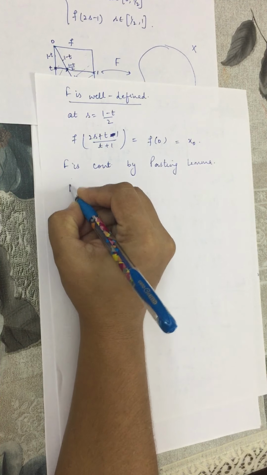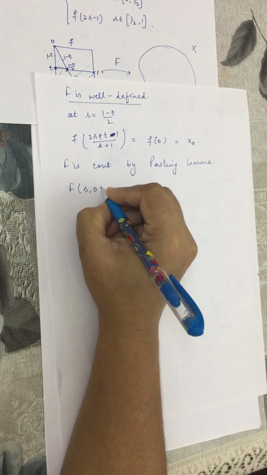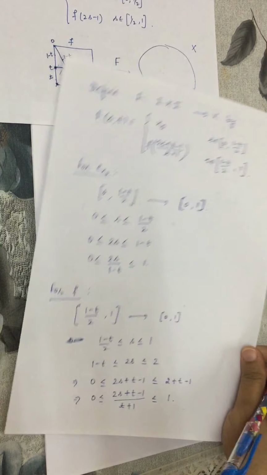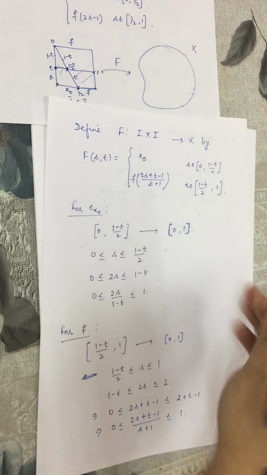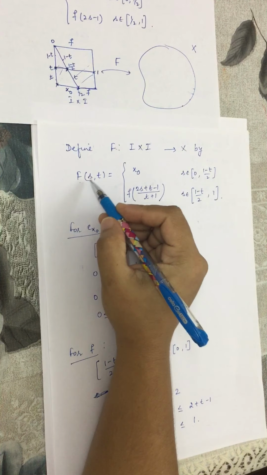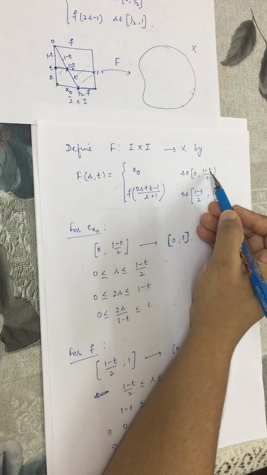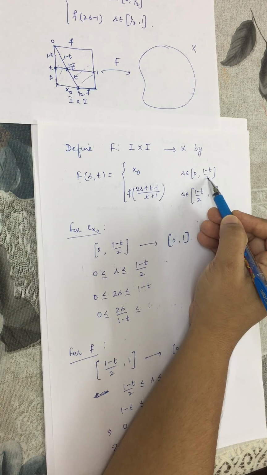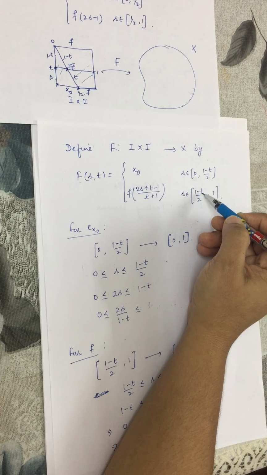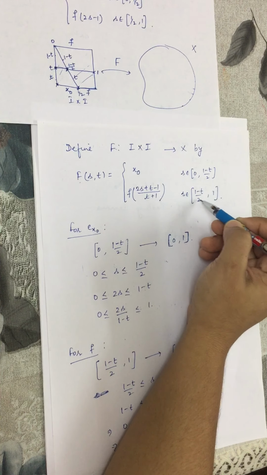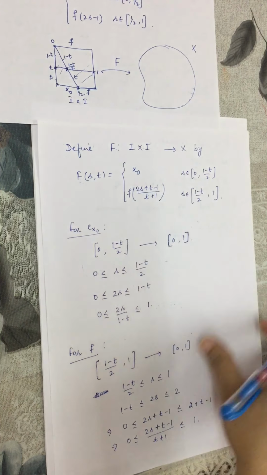And next we have to calculate F at (s, 0). Now because we are taking t is equal to 0, F(s, 0) is equal to x naught whenever s belongs to 0 to (1 minus 0) by 2, that is 1 by 2. And when we put t is equal to 0 here, then for s from 1 by 2 to 1, it is given by f of 2s minus 1.